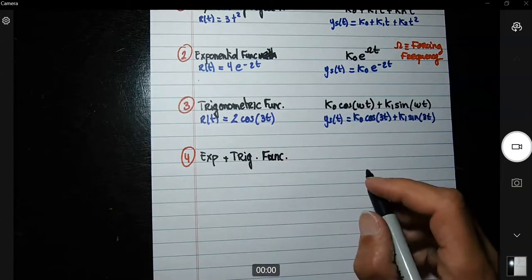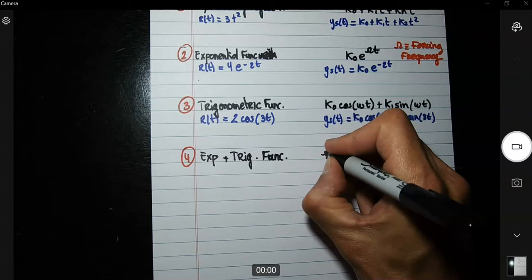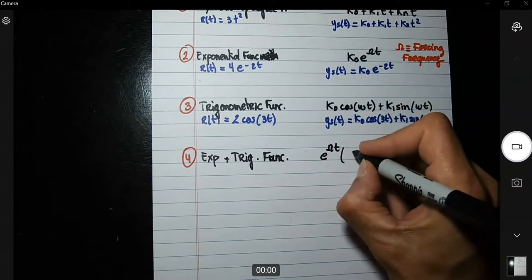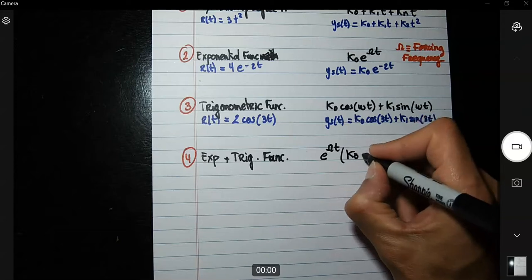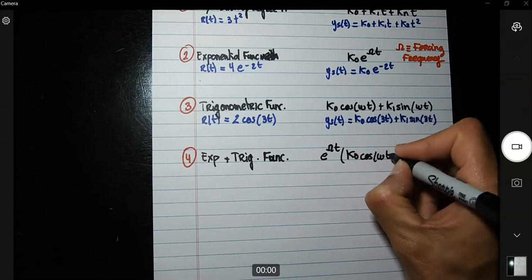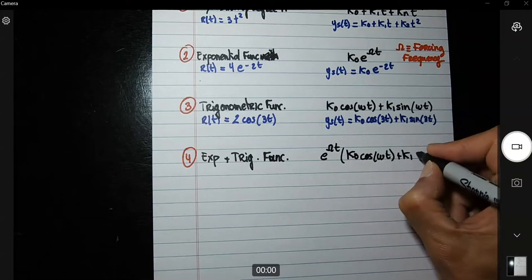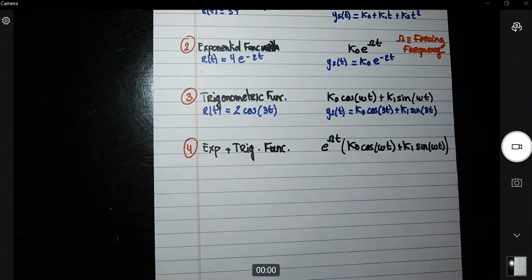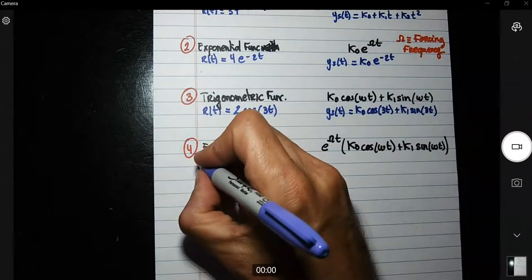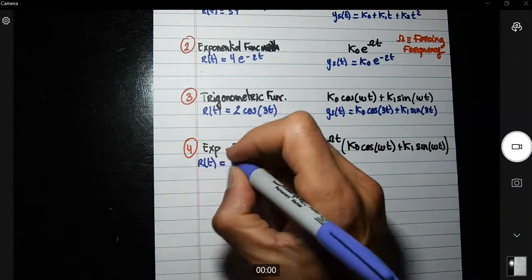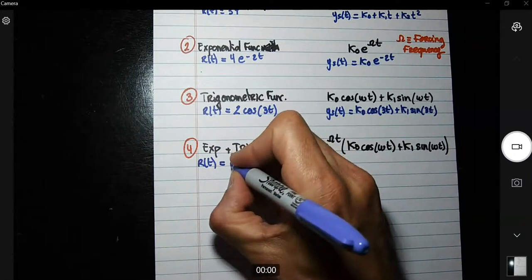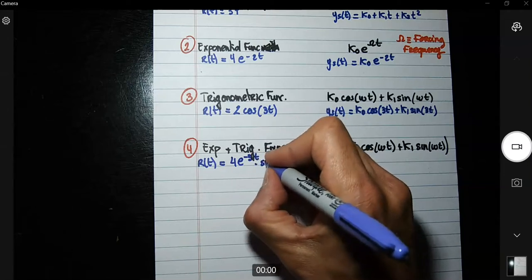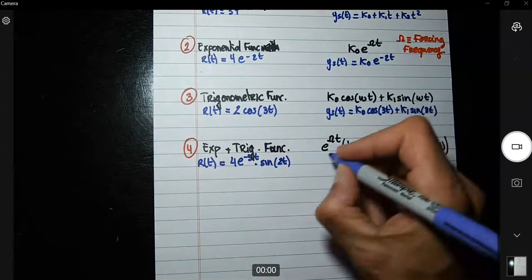In that case, the solution would be of the form e to the omega t times k naught cosine omega t plus k1 sine lowercase omega t. If I give you an example, let's say r of t could be equal to 4 exponential of minus 3t times sine 2t.